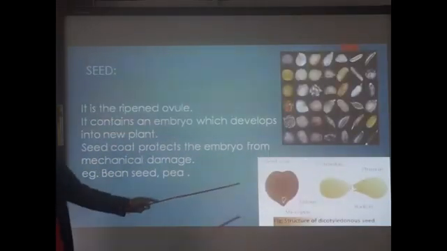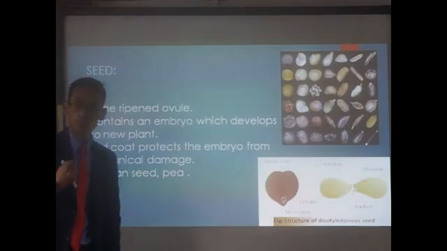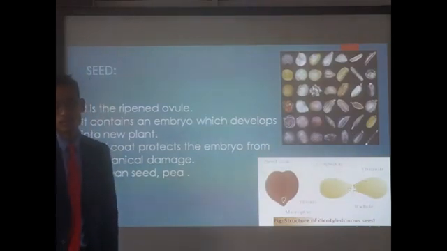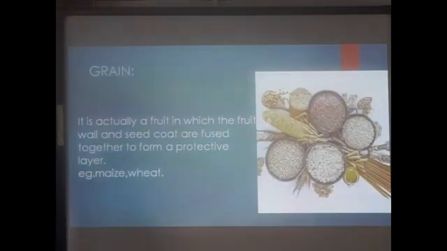Look over here. You will find the outermost layer, and this layer is called the seed coat. Clear? So grains are actually fruits in which the fruit wall and the seed coat are fused to form a protective layer. Examples you can see over here.